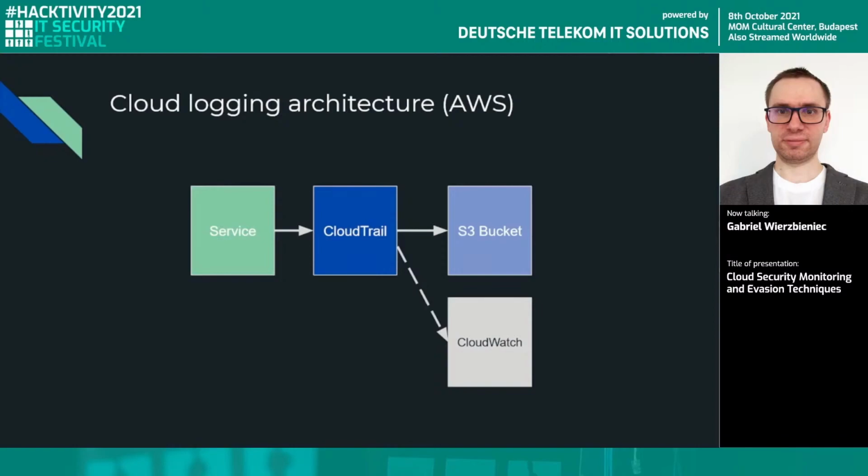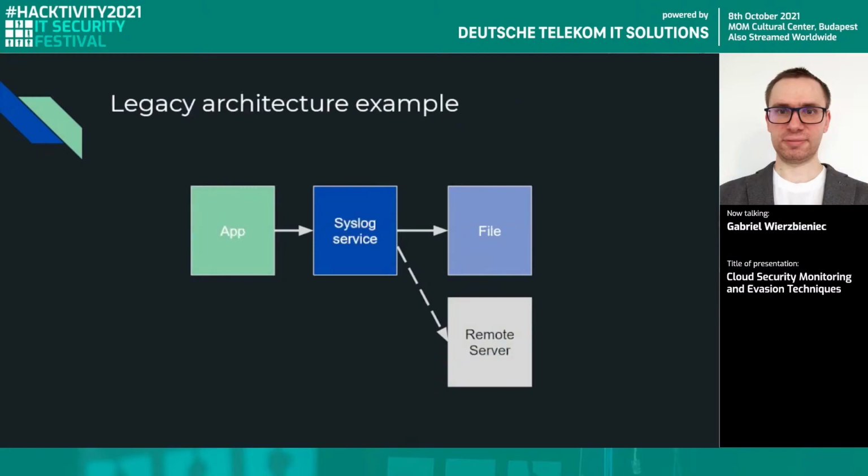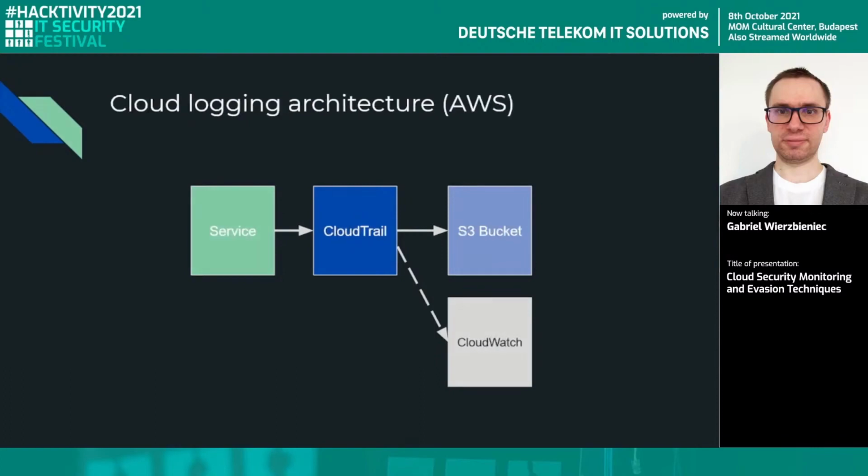We have an auditing service like CloudTrail, storing data to a bucket, so like a file, and sending data to another service like CloudWatch. So in my opinion, it's not that different.